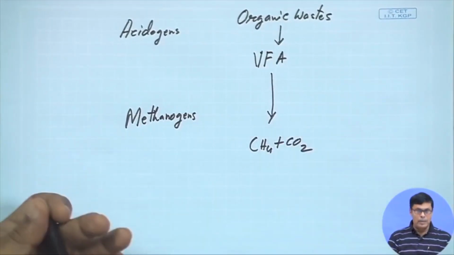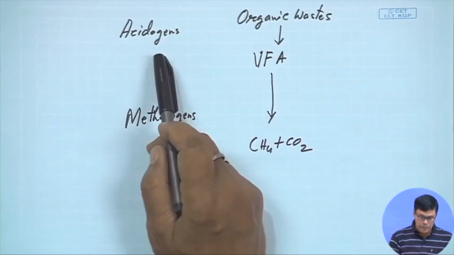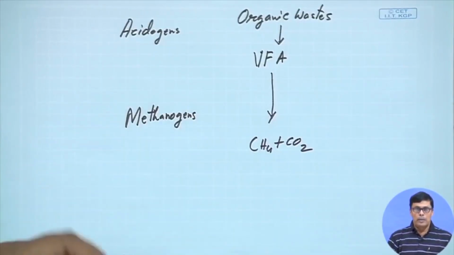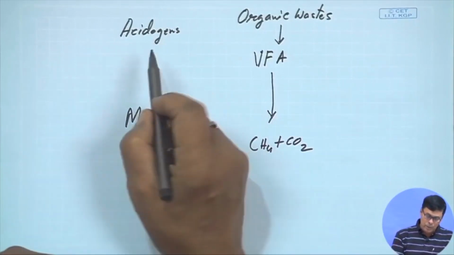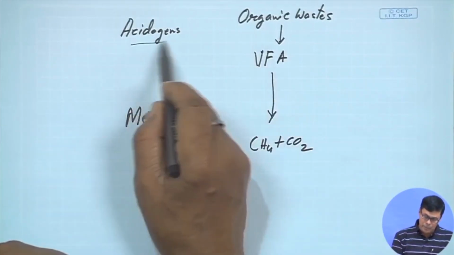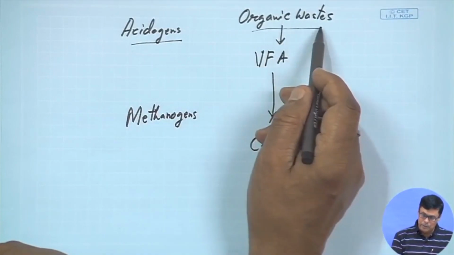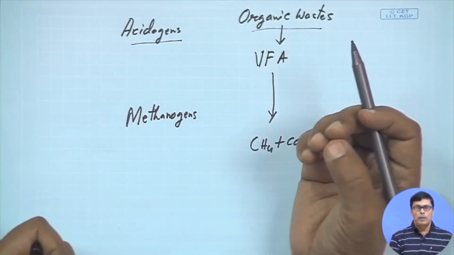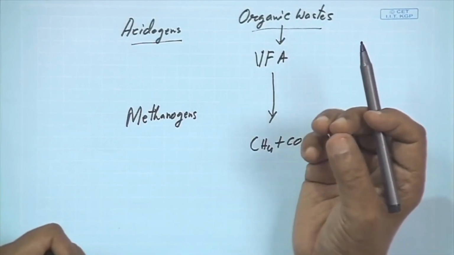Now, the characteristics of the acidogens and the characteristics of the methanogens are totally different. The substrate required for acidogens is organic waste, which comprises different polymeric compounds, bigger molecules like cellulose, hemicellulose, starch, and also protein and fats, that are hydrolyzed.